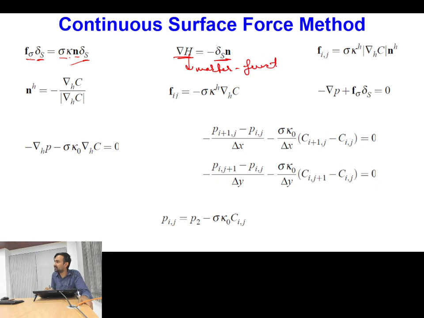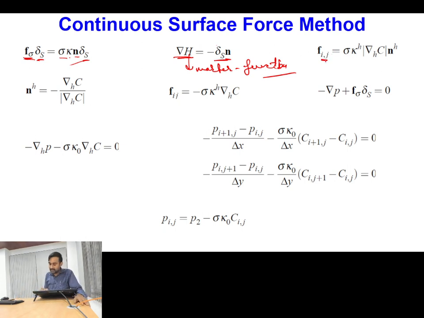Now, to find the value of the surface tension force in a discretized manner, I need to find this value for cell i, j for a two-dimensional grid structure.